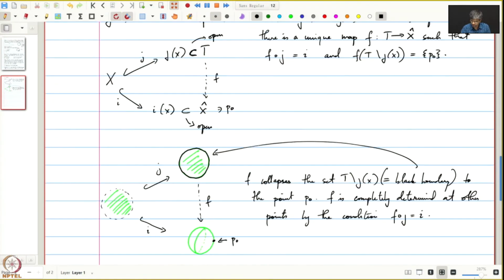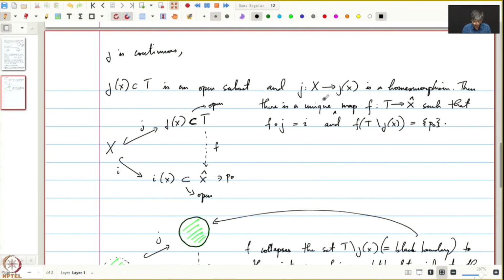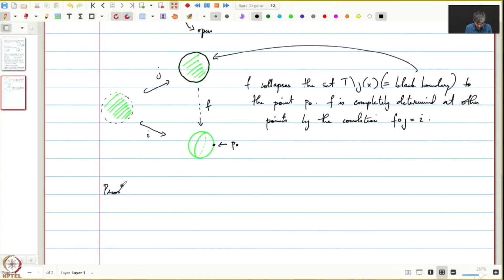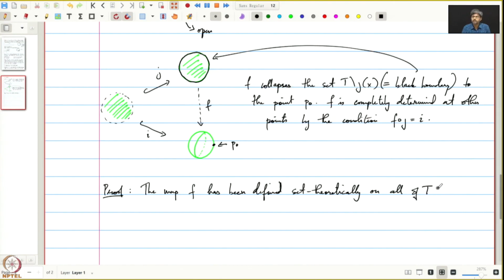Of course, F is continuous. There is a unique continuous map, right. That is the assertion. So, proof. The map F has been defined set theoretically on all of T. So, how do we do it?